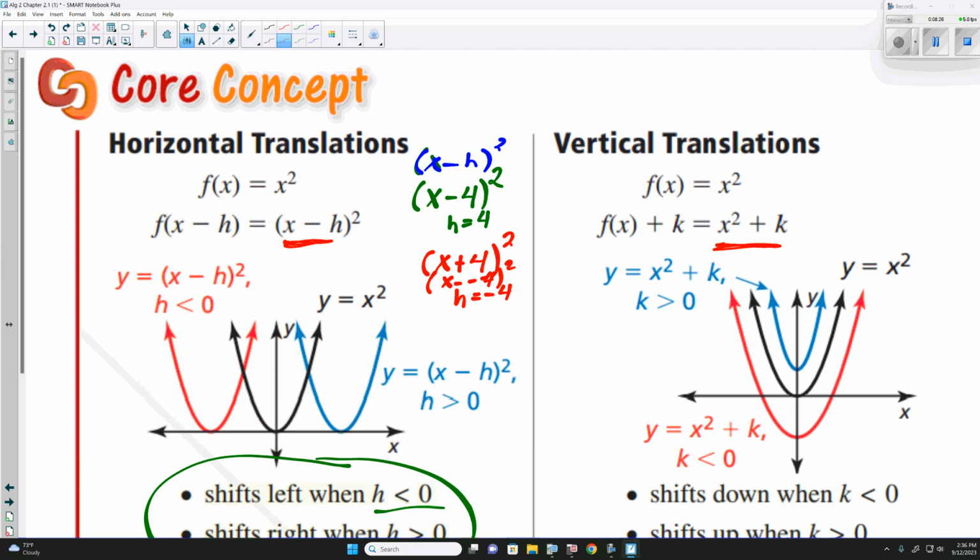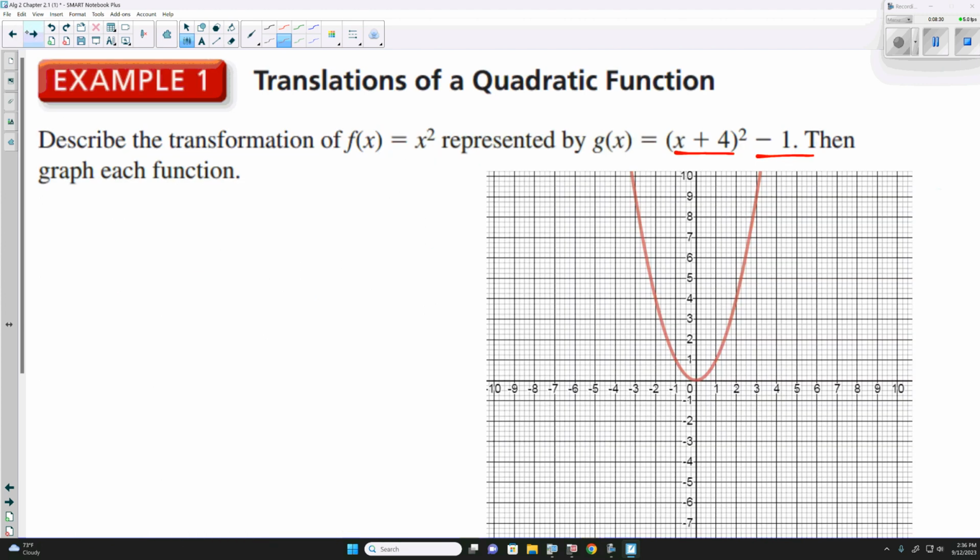Up and down, vertical, is outside. So our minus 1, is that inside or outside? It's outside, yes? So we're talking about up and down. Now up and down is exactly like we see it. So since it's minus 1, it is indeed down. How far? Down 1. Minus 1 is going to move it down 1.